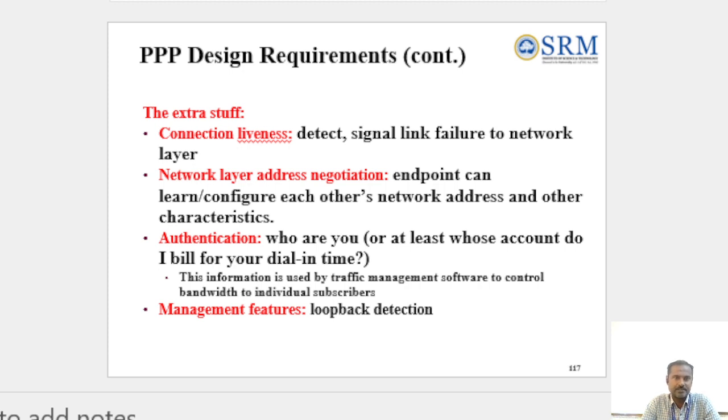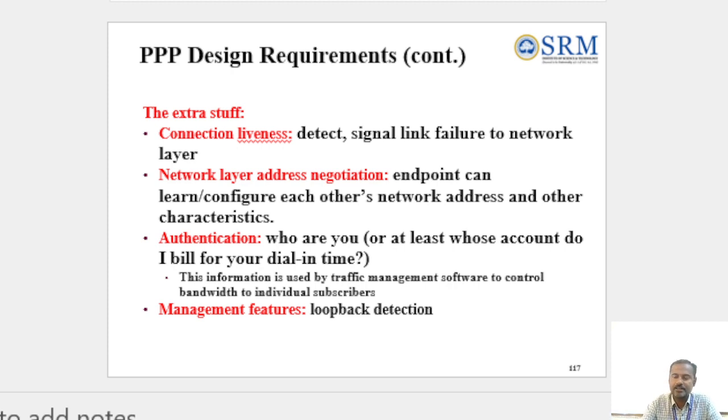Then authentication, that is who has access to that particular data, will be checked by the authentication. Then management features, that is loop back detection, will also have to be done.